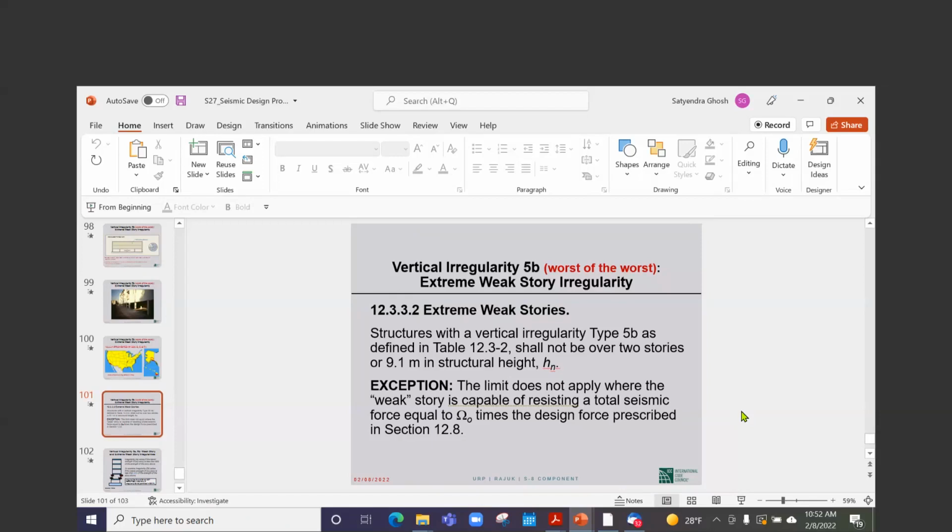So the columns that support the transfer girder, the column to transfer girder connection, let us say the columns are ground story columns, so the column to foundation connection if it is a concrete column. We do not design the foundation for overstrength factor, but the column itself and the column to foundation connection have to be designed.